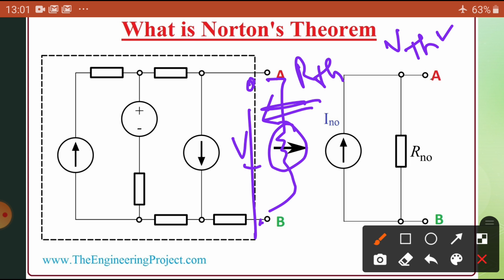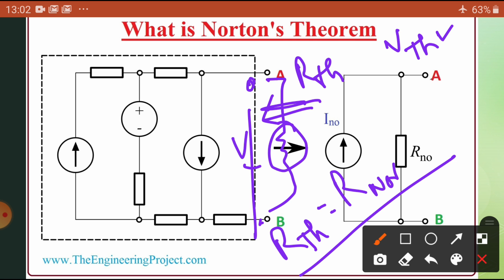The same procedure applies in Norton's theorem, because R Thevenin is equal to R Norton. Just by looking at the open circuit terminals, you find the equivalent circuit. Okay, sir, we got this one.